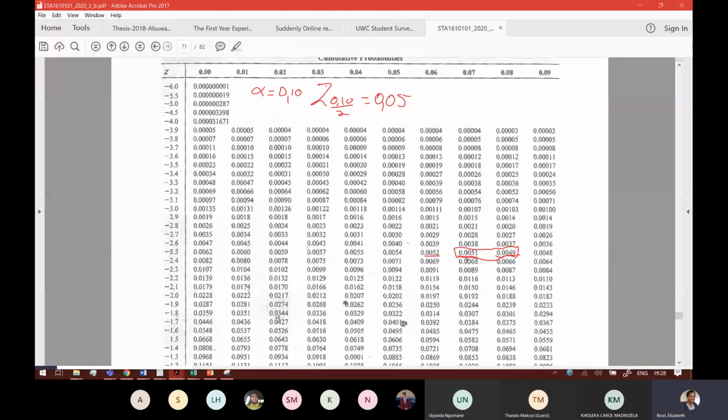Sorry, I'm on the wrong one. I need to look for 0.05, oh sorry, it's this one. I'm on the wrong one. So this is the 0.05, not that one. Also, if you look at this one, it still works the same, because if I go with 0.05, this is 0.051, and if I add on this side as well, it will say 0.049.